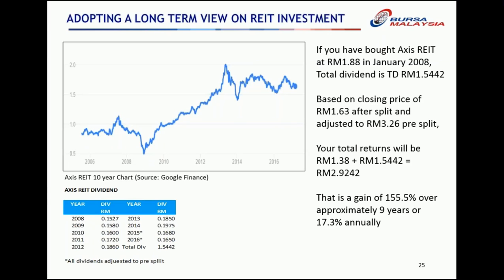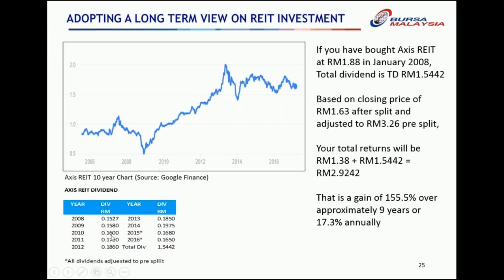So if you have a REIT which you take advantage of because of its financial strength, and there are certain downtrends that you are able to take advantage of, your yield will actually increase tremendously, especially during this period.